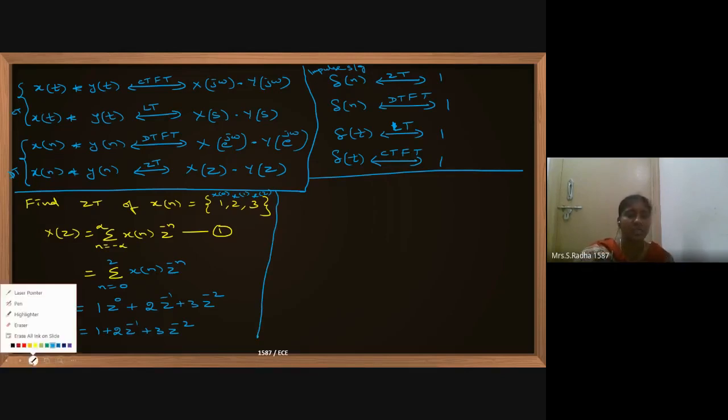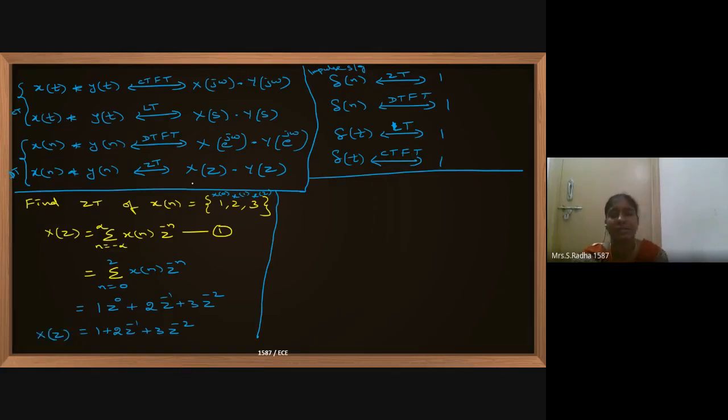Okay, sometimes they will ask you to find x of 0.5, if x of n equal to 1, 2, 3. For the same question, we already calculated X of z value.